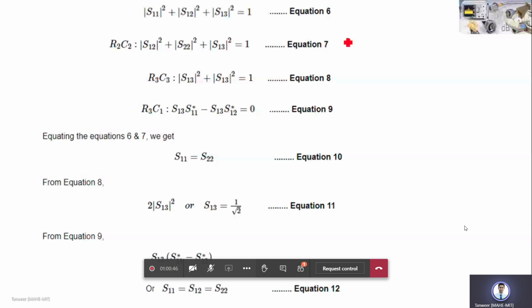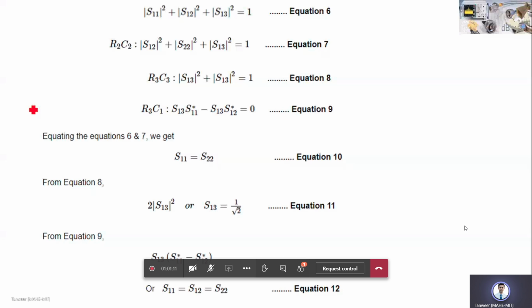Correspondingly, these are represented in terms of equations. Now we have got these values from multiplying the matrix. Now we have to find the corresponding values: S11, S22, and S13. Already S33 is 0.